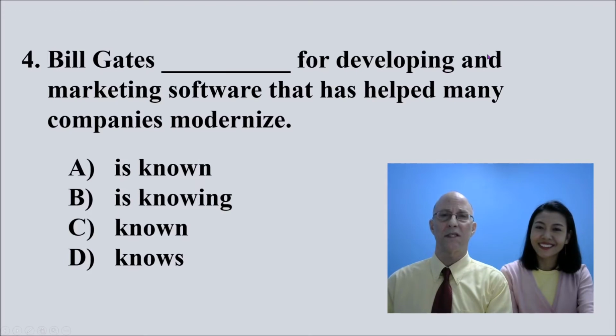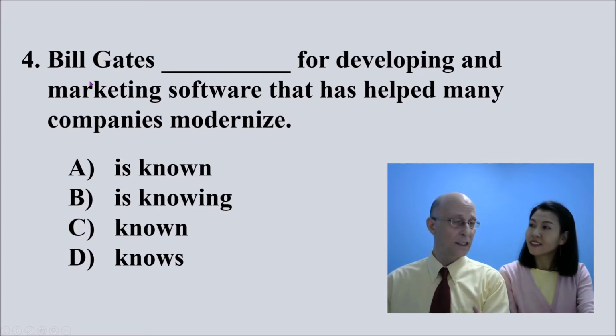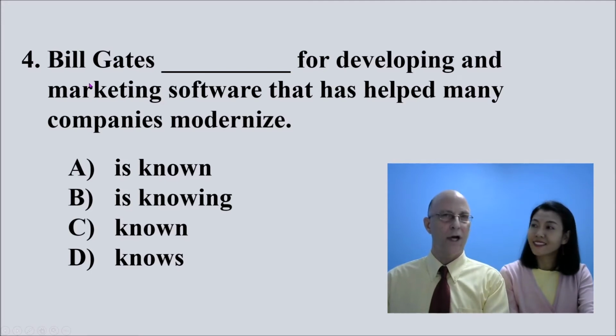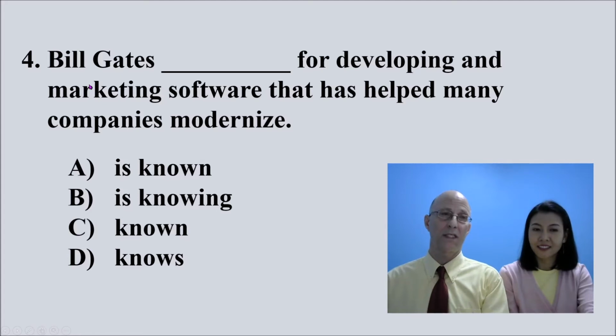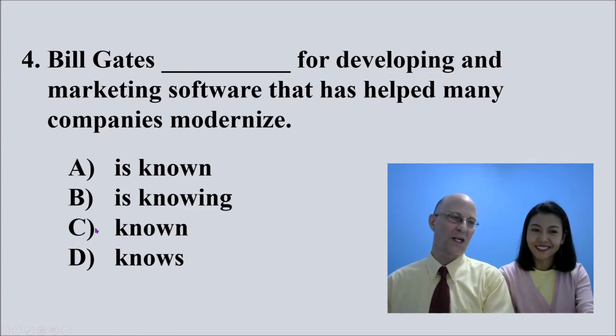If you see something that comes after the object that likely has a hidden agent, and the hidden agent here means the hidden subject, other people. So other people actively know Bill Gates for these things. Bill Gates doesn't know himself for these things.